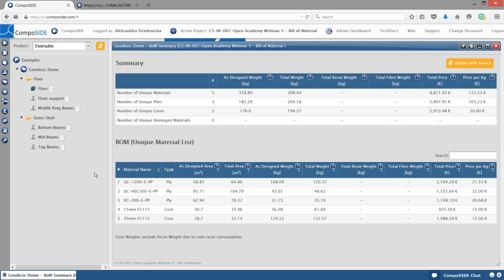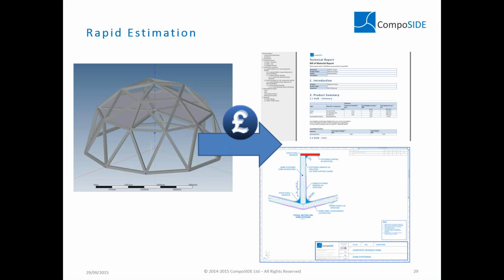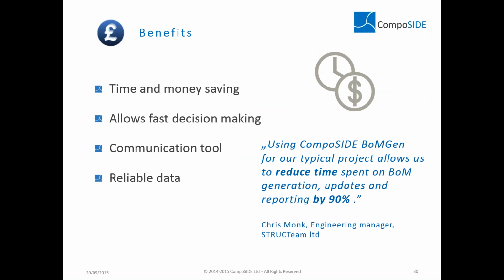Okay, I think it's time to sum up a little bit what we have just presented. We know that bill of material is not a super exciting tool, but we believe it saves a lot of time and effort in the design workflow.